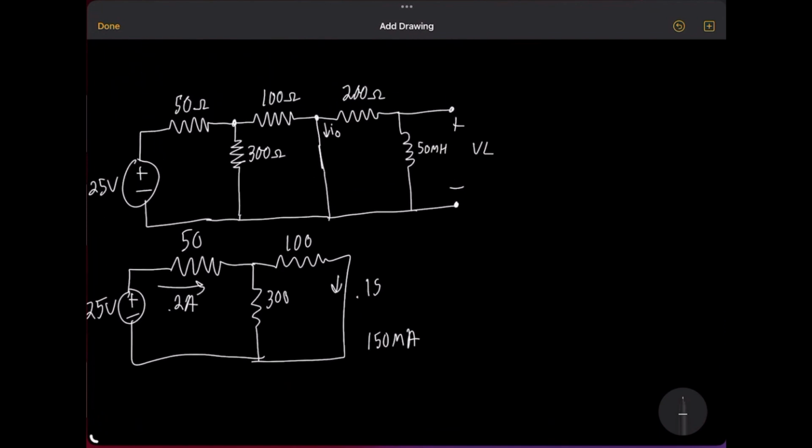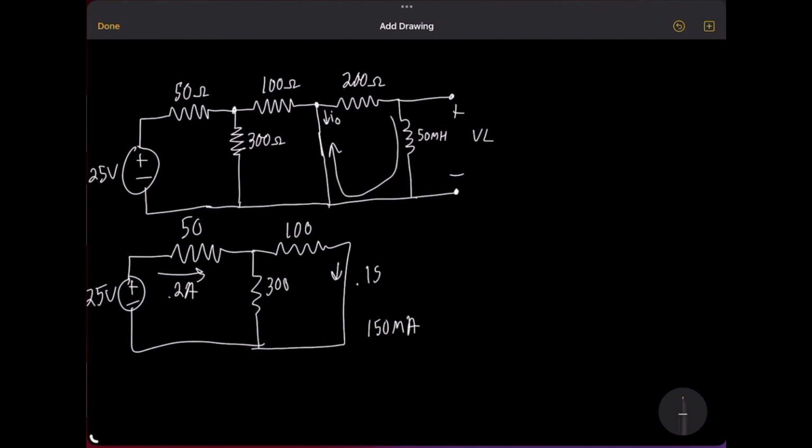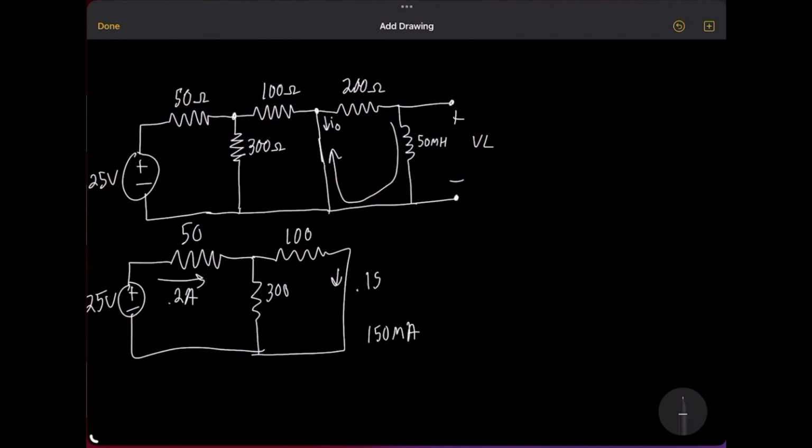Now, we also have this current running through here and up here, which will be opposing I naught, from the inductor.